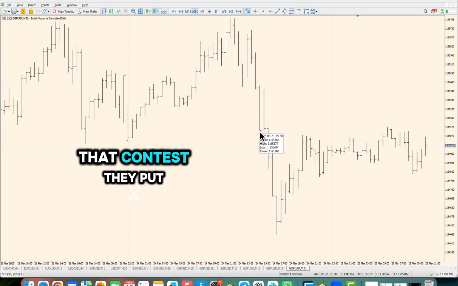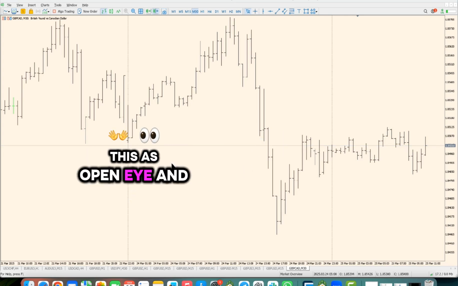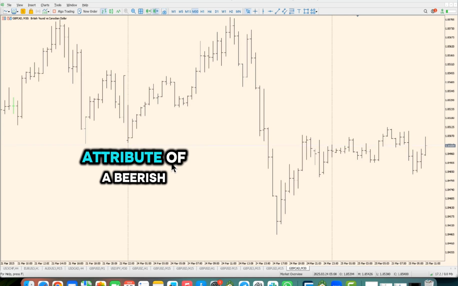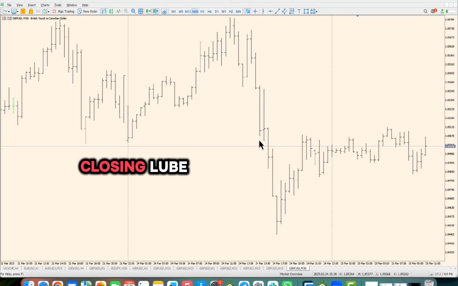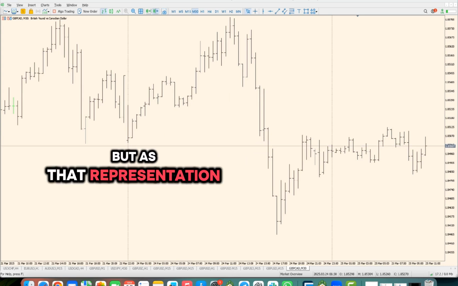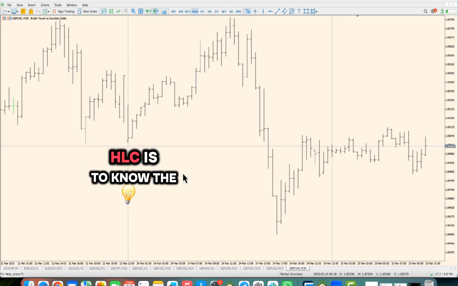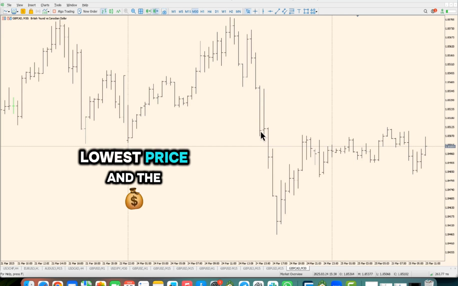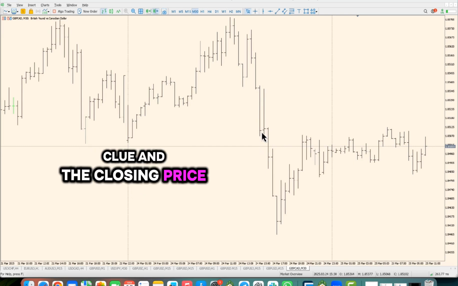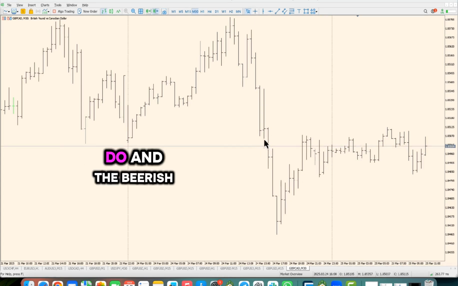And in some other contexts, they put this as open high and closing low, and that is an attribute of a bearish candle. Opening high and closing low, but the exact representation of that concept of OHLC is to know the opening price, the highest price, the lowest price, and the closing price. The same thing goes for the bullish candle and the bearish candle.